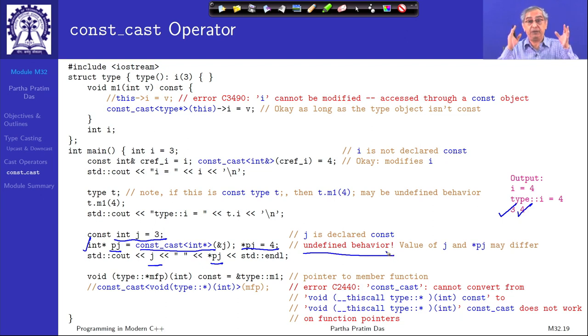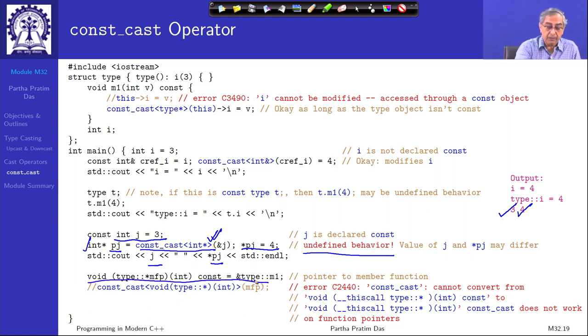Your basic assumption that the pointer and the object it points to are same is destroyed. Why does that happen? Because to be able to do this, compiler creates a temporary to put the value of I and let p j point to it, and it is making changes to that temporary, not to your j, right? Very risky thing.